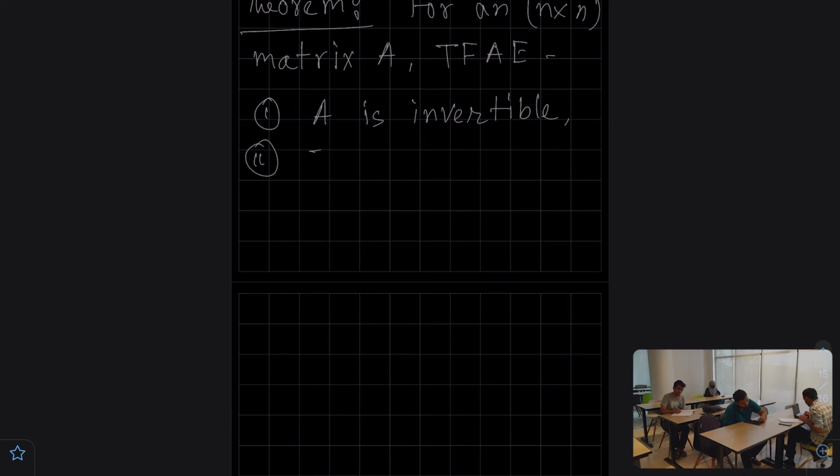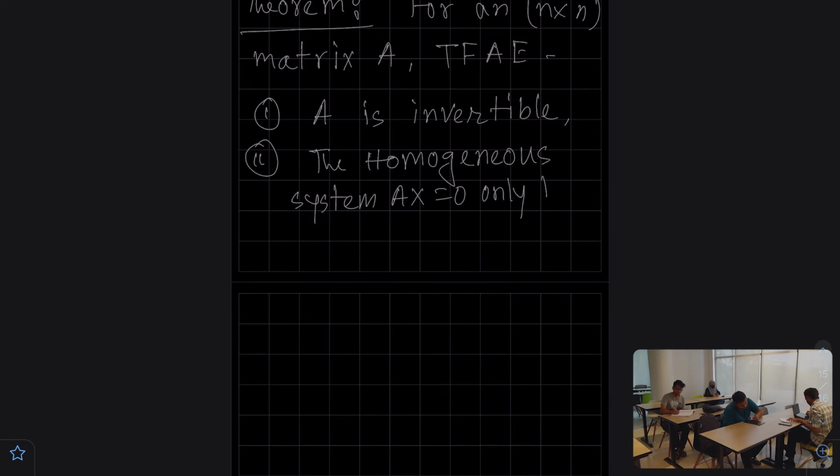The homogeneous system Ax equal to 0 only has the trivial solution x equal to 0. 3.